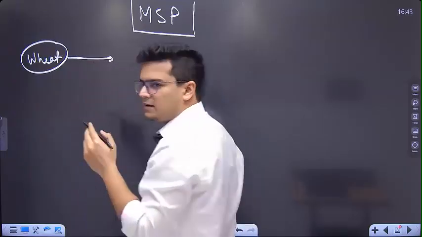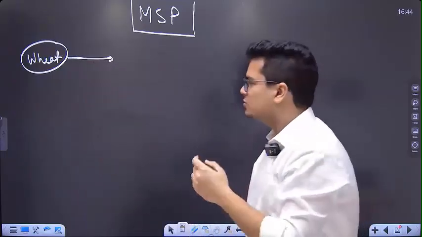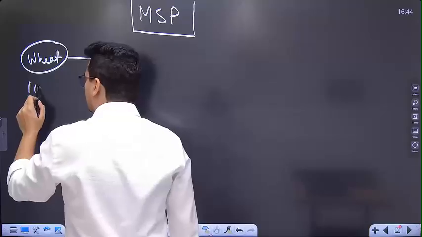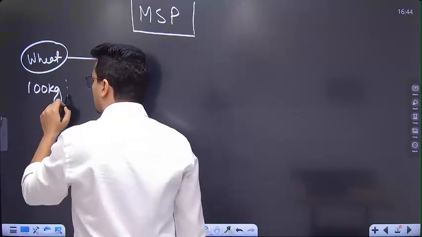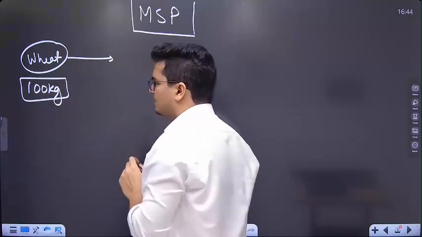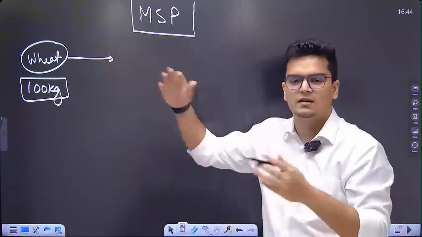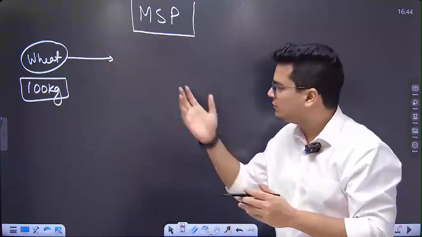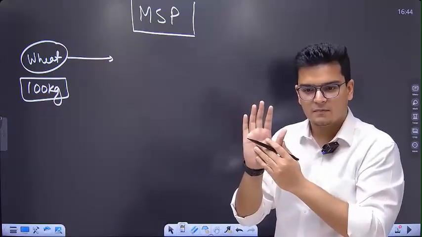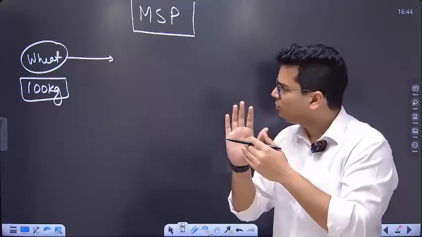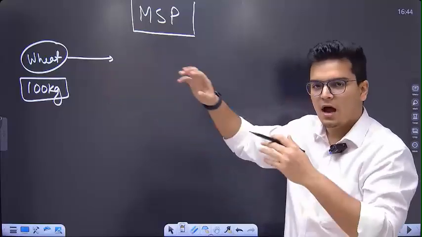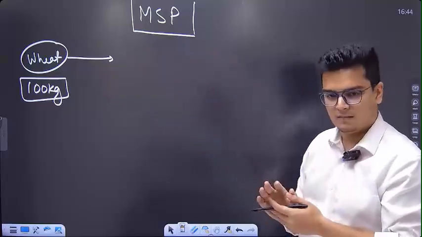Now, ideally, let's say I have produced 100 kg of wheat. Ideally, how should the price of this wheat be determined? It is not written on the grains of wheat, right, what their cost is.